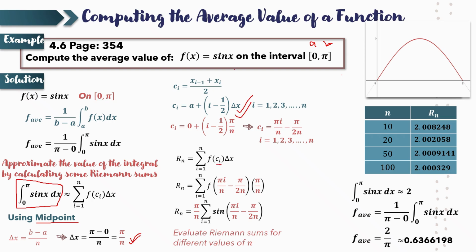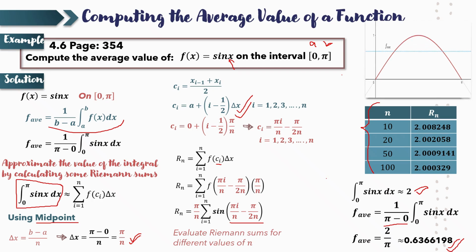Here it is sin x. Replace your x with your new ci. Give large values for n and you get your answer as 2. Don't forget, you have 1 over pi minus 0, which is 1 over b minus a. And so you will get the answer 0.6366198.